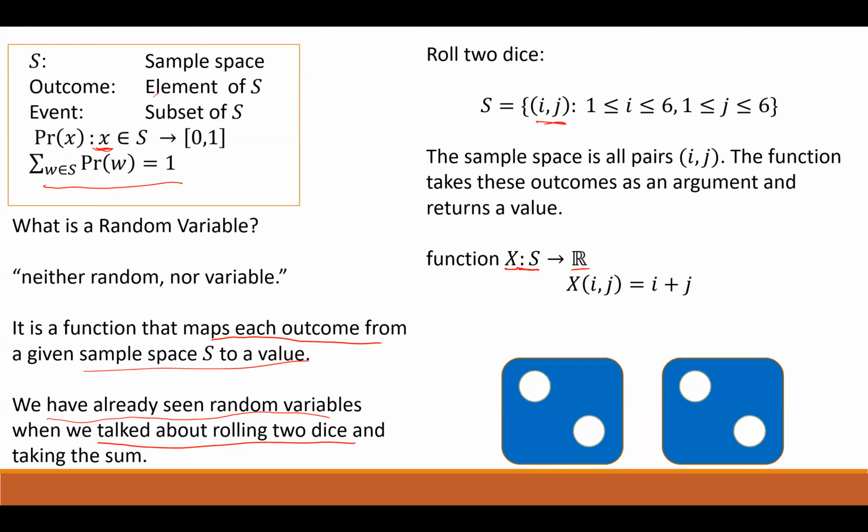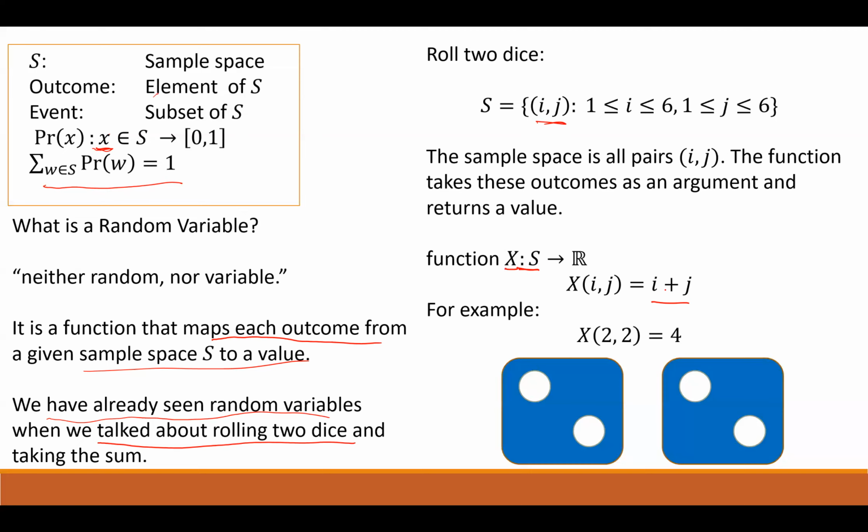We choose real numbers that make sense in the context and give us the information that we want. In this case, the information that we want is the sum of these two dice rolls. So X(i, j) equals i plus j, so it's simply a function.